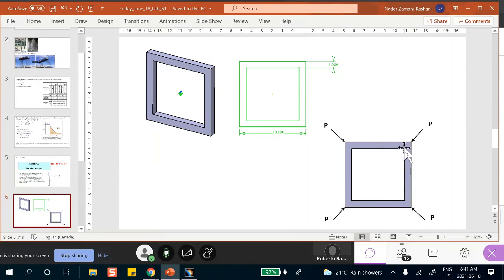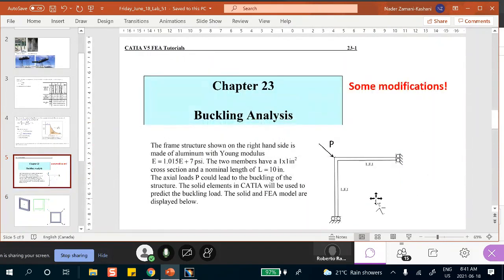When you take 1/4 of that, because this is a plane of symmetry, it can go only up and down: roller. Because this is a plane of symmetry, it can go only sideways: roller. So roller, roller, P, which is exactly what I've drawn here.